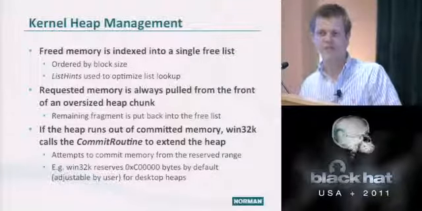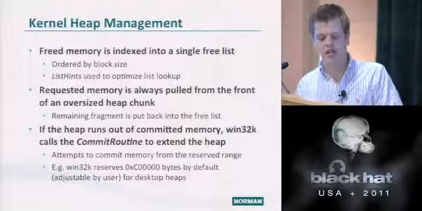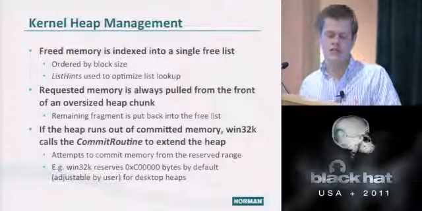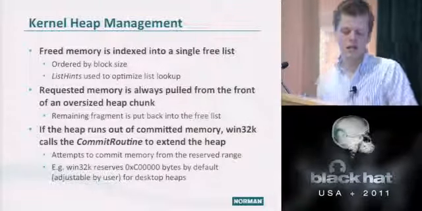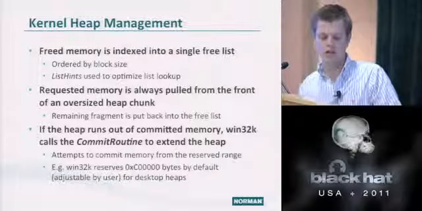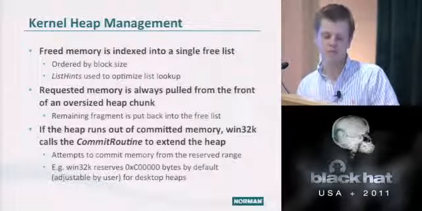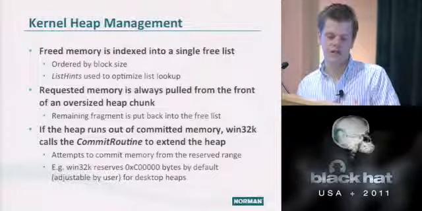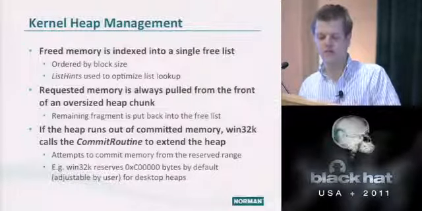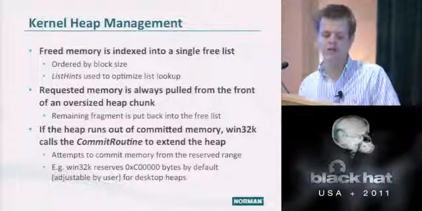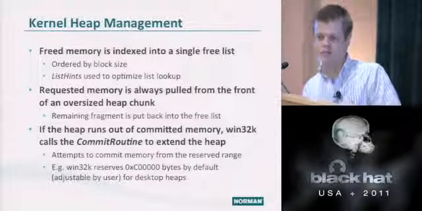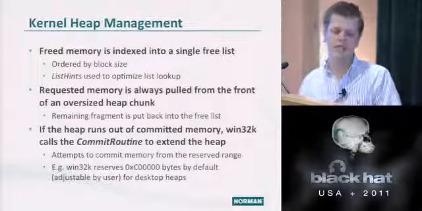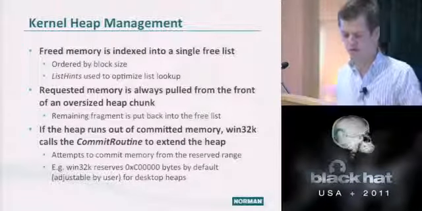If the heap runs out of committed memory, it tries to extend it by calling the commit routine. If you overwrite the commit routine, which was one of the attacks on the user mode heap years back, you could do this in the kernel since there's no obfuscation. Even if there was encoding, you would be able to get the encoding key since the heap itself is mapped into user mode.